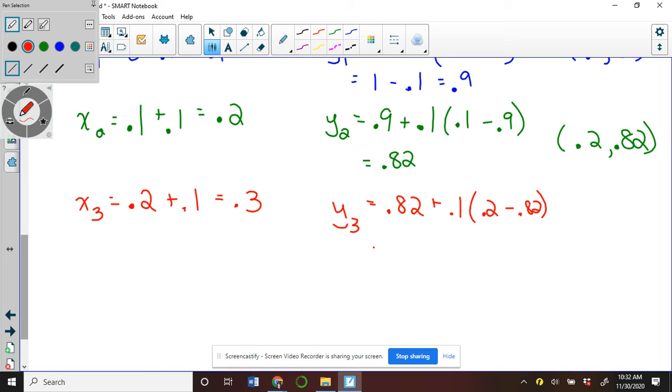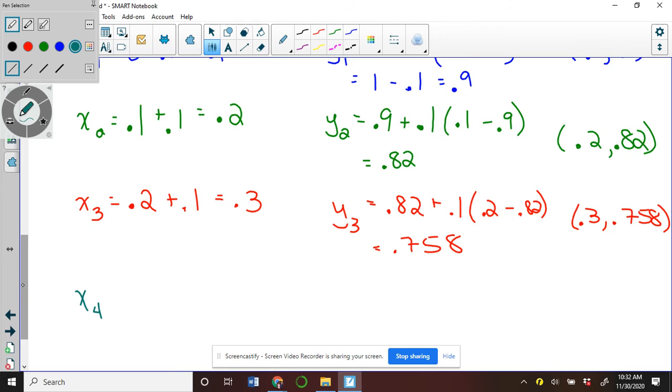This gives us a step 3 of approximately 0.758, and our third step coordinate would be 0.3 and 0.758. I will do one last step.